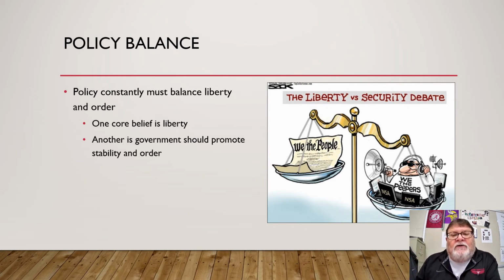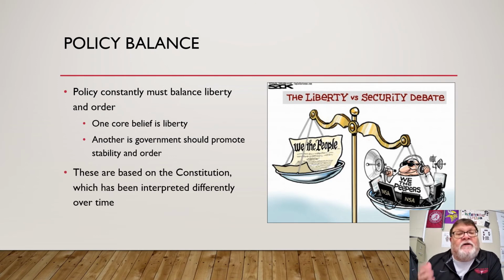We have to balance those two things, and it's the court system, of course, that does that, right? Because it should be based on the Constitution, but of course, the Constitution has been interpreted differently over time. So there's been a difference. There's a time where liberty reigns more free, and then there's been times where security reigns more free, and we're constantly going through that balance. So that's also part of the problem with policy and the issues involved with policy.